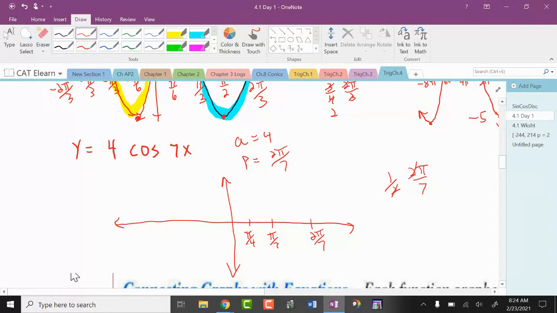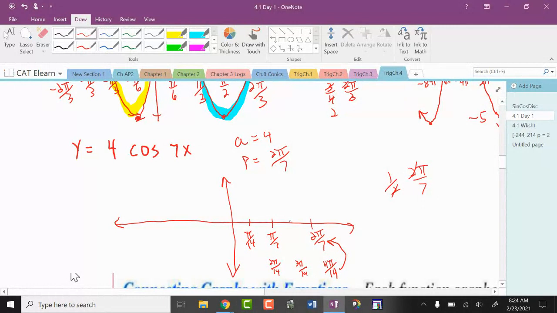Get it figured out that when you take half of a fraction, you can multiply the denominator by 2. All right, and then 1 pi over 14, 2 pi over 14, 3 pi over 14, 4 pi over 14. It's 4 pi over 14, 2 pi over 7.